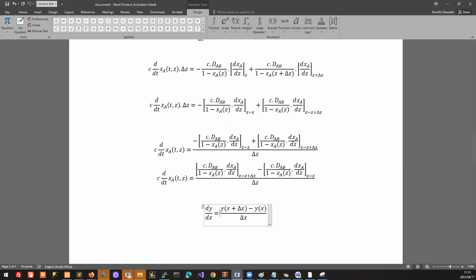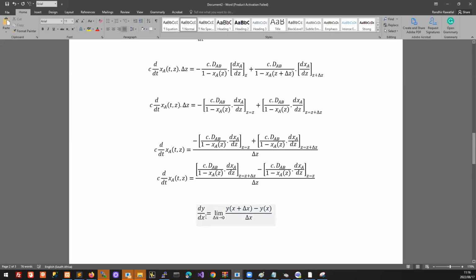And we'll say here limit delta x going to 0. Right, so we know from basic calculus, the definition of the derivative is this ratio as delta x goes to 0, right? So that's a straightforward definition of the derivative.